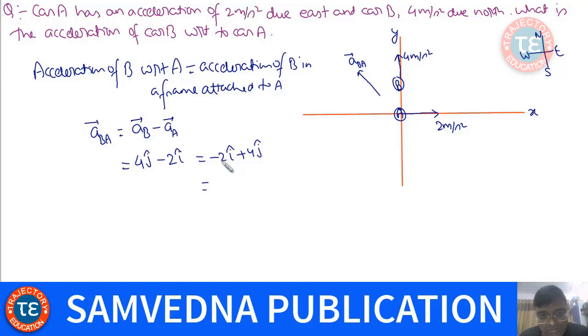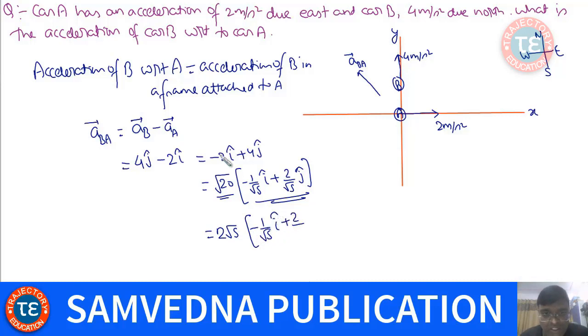You can put it in this form also. The magnitude of this vector is how much? 16 plus 4, root 20. And root 20 is 2 root 5. That's the unit vector, and the magnitude is root 20, which is 2 root 5 meter per second square.